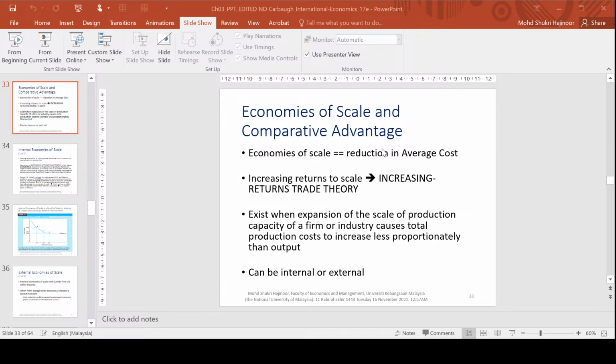Mutually beneficial trade, but I put it just for you to make sense of it. This is the study. Economies of scale. So one country specializes in X, the other one specializes in Y.